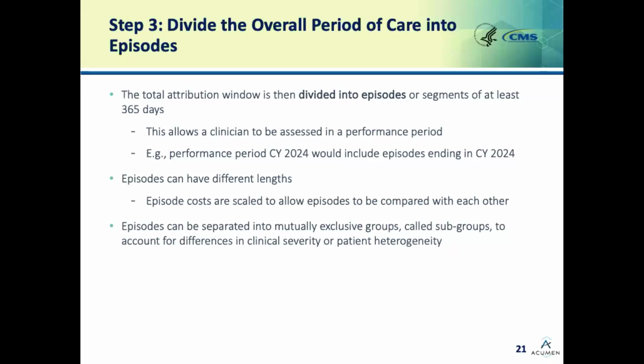And this stratification basically allows the measure to focus on more homogeneous clinical groups within the overall patient cohort if applicable. And so this technique is something that we use in both of the measures for more meaningful comparisons. So for instance, the movement disorders measure is subgrouped by condition type.